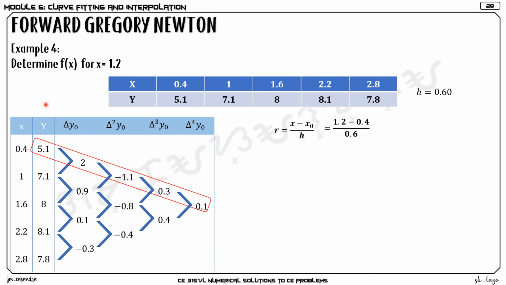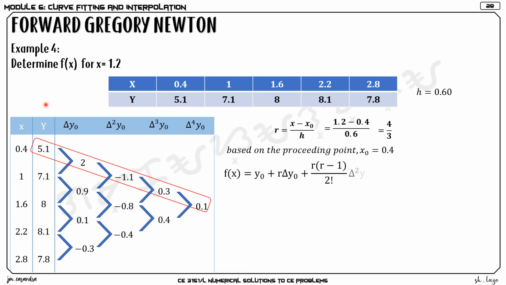So divided by h is equal to 0.6. So we get a value of 4 over 3 for r.